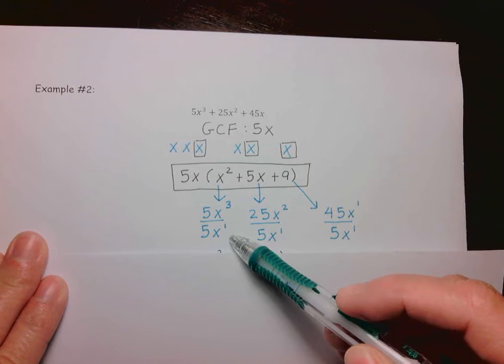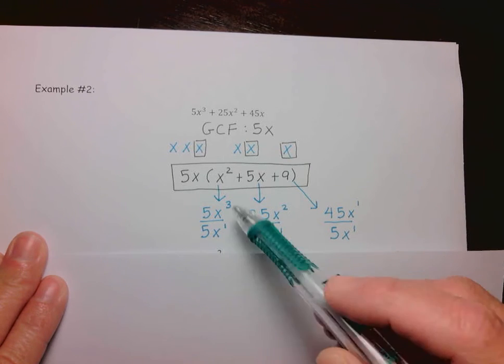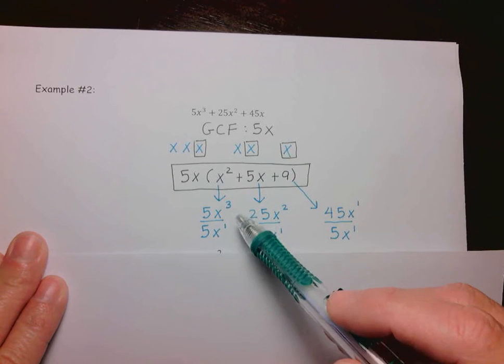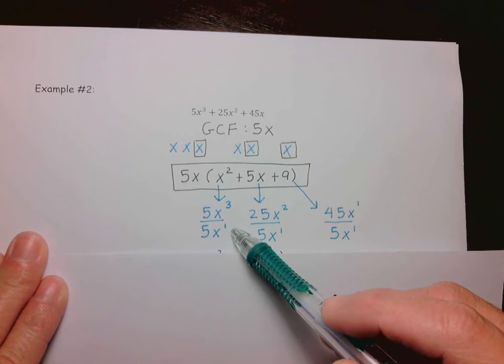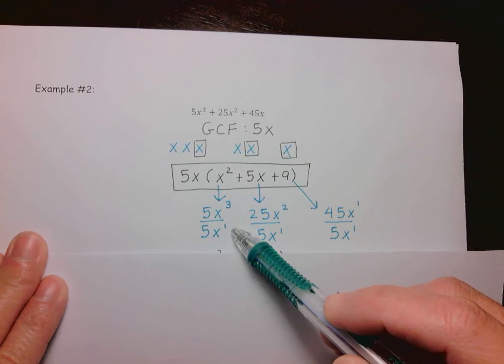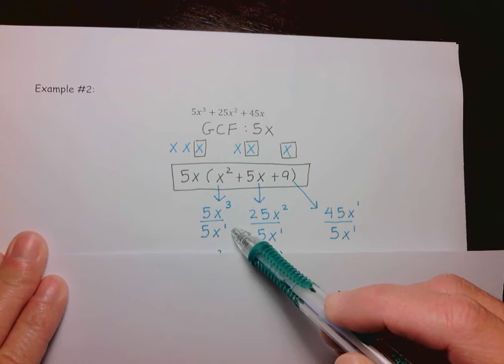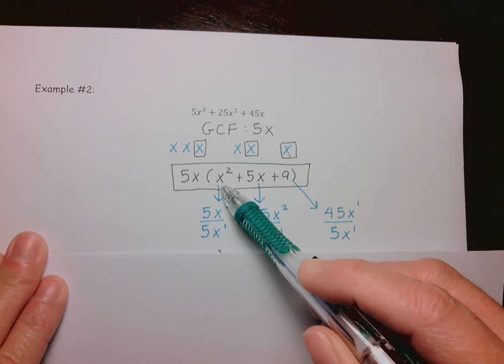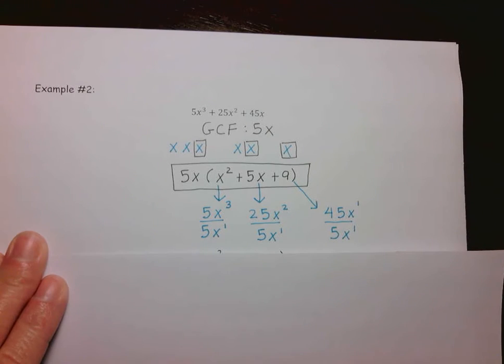So first I divide my coefficients. 5 divided by 5 is 1, so this is 1x squared. And then I have x to the third power divided by x to the first power. And remember, what do you do when you are dividing powers that have the same base? You subtract the exponents. So that's how I got the answer here, and I did that with each term.